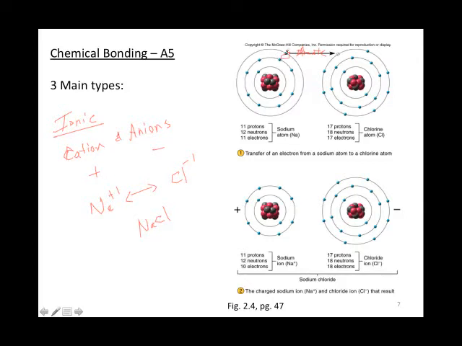Sodium loses that single electron, ends up with a full valence shell in this second orbital here, which is what they want, and then as a result they join together. So this is basically an opposites attract type of thing. In a way, you can look at it as an electrostatic attraction, these positively charged and negatively charged atoms forming a neutral bond with one another.